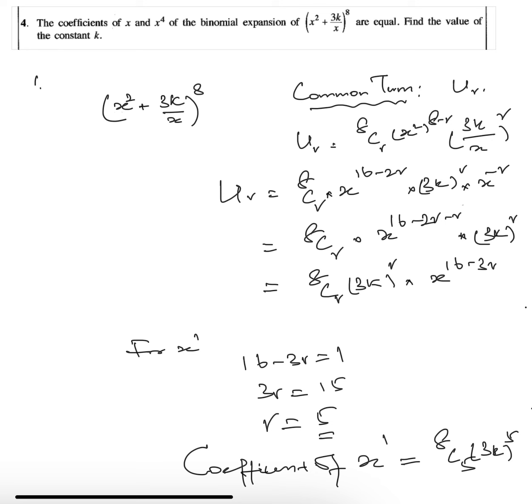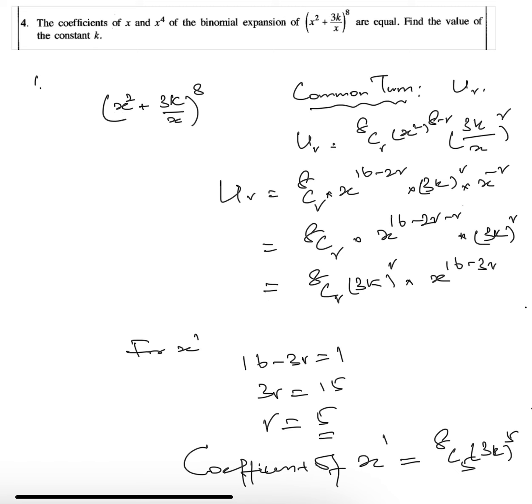Let me write the actual function: (x squared plus 3k divided by x) to the power of 8. That is the power of 8, and the second order function is inside the bracket. What we have been given is that the coefficient of x and x to the power of 4 are equal.